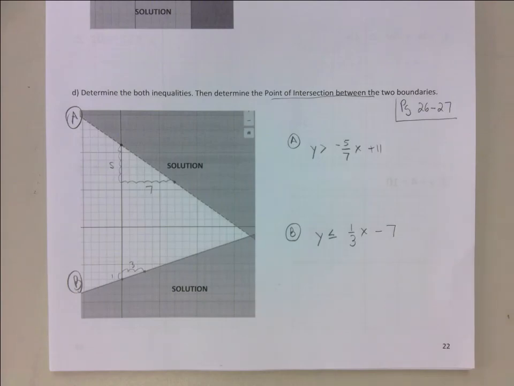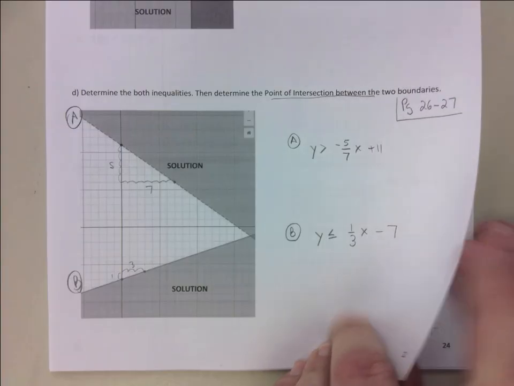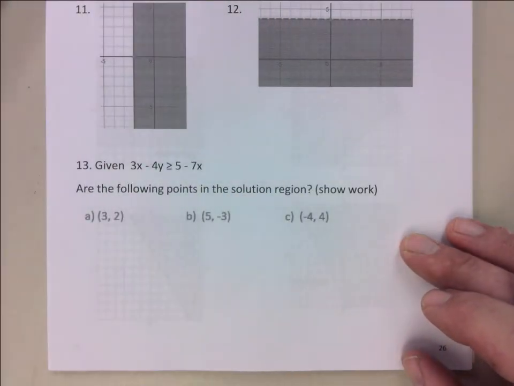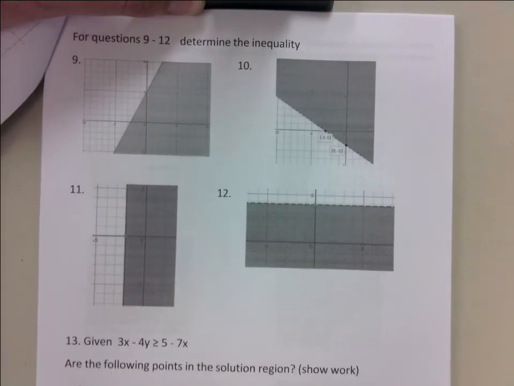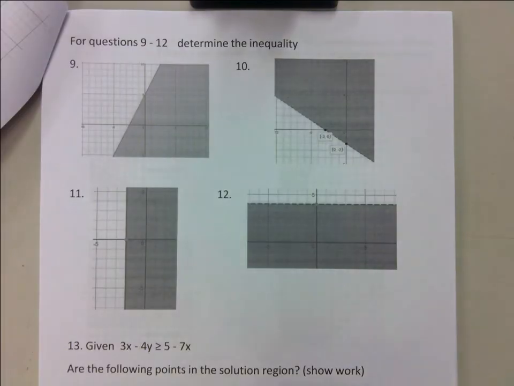So if you look at the key up here, you can kind of gauge whether or not you got that right. I'm going to go to 26 and write down some of those. I'll do the special cases first.